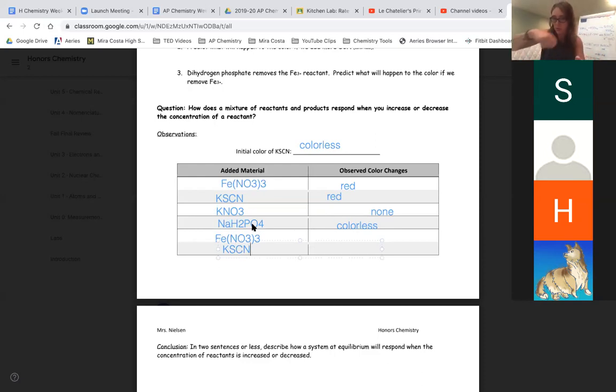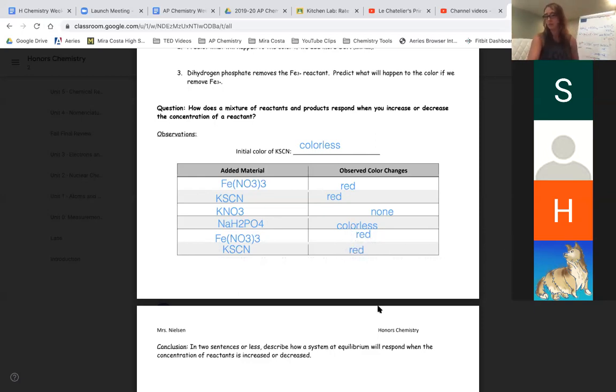When you swirl or stir, those molecules can find each other. Think kinetics, so they can collide and react. And once I swirled it, then this hydrogen phosphate made it colorless again. I added a little too much of that. But anyway, you'll notice that when I initially dropped some more of the reactant in, it got more red again. And again, here, it got more red.